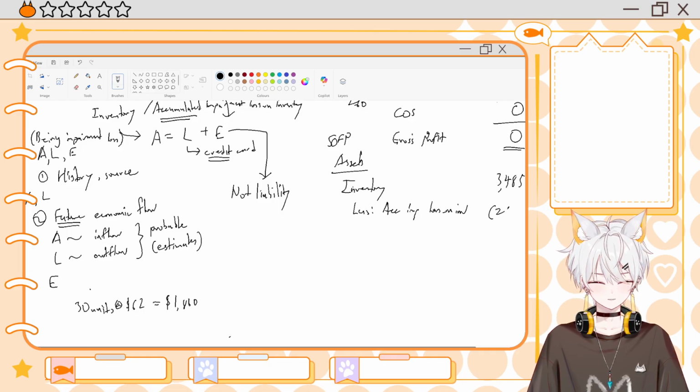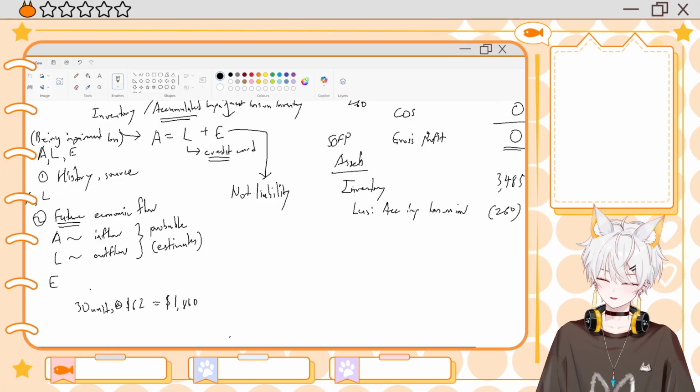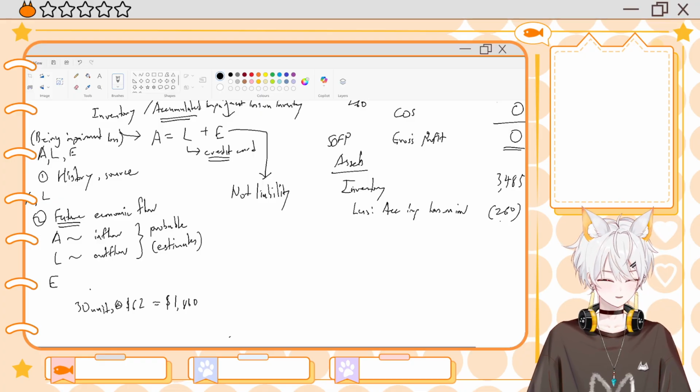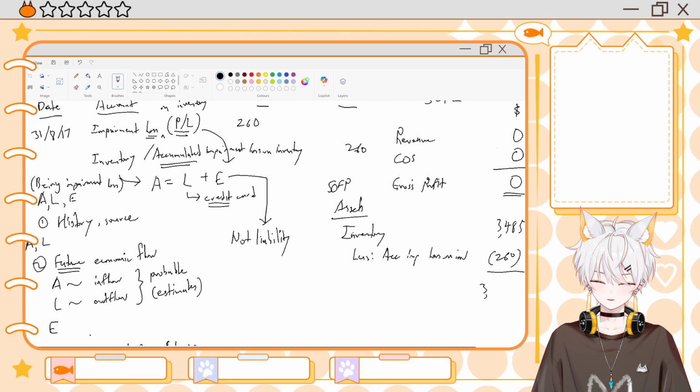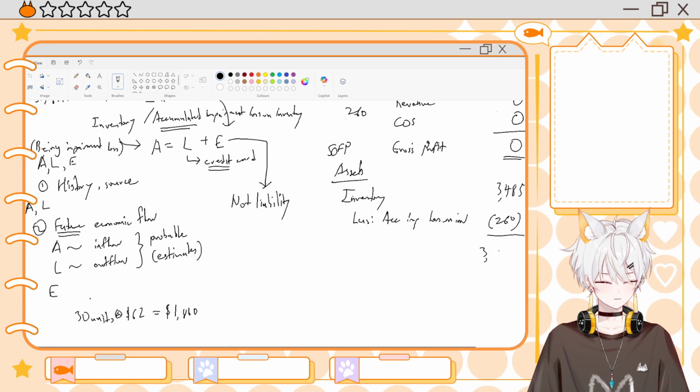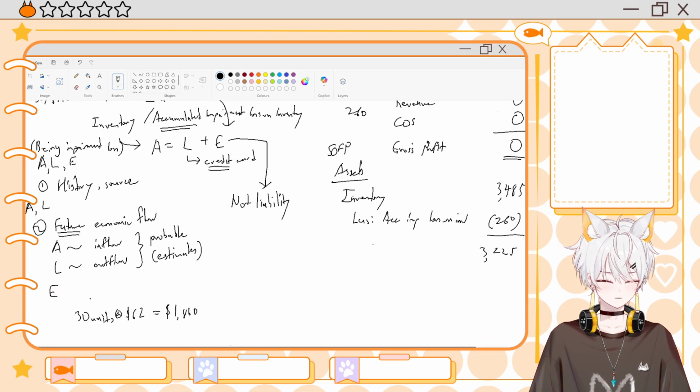And then you have less 260. This is how you write it. And then you just have 3225. You can call this net realizable value or NRV.